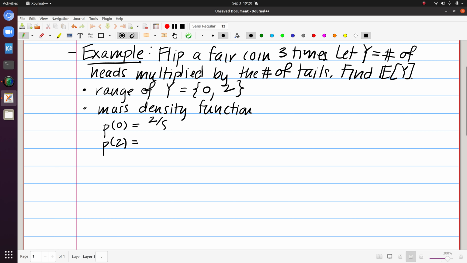So that's really 2 out of 8 outcomes. The other 6 outcomes deal with having 1 head and 2 tails, or 2 heads and 1 tail. And all of those lead to a product of 2. And again, I check and I see that my mass density function sums to 1.